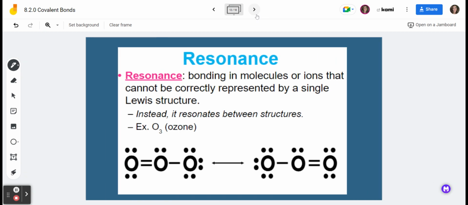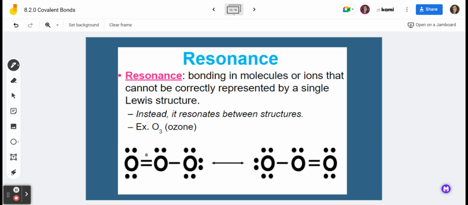Resonance is just a concept. If you have one double bond and it could flip around to another place, you have more than one possible structure. For example, ozone is O3. If you were to calculate that, it's 18 electrons. And so one of the oxygens is going to be deficient on a pair of electrons.